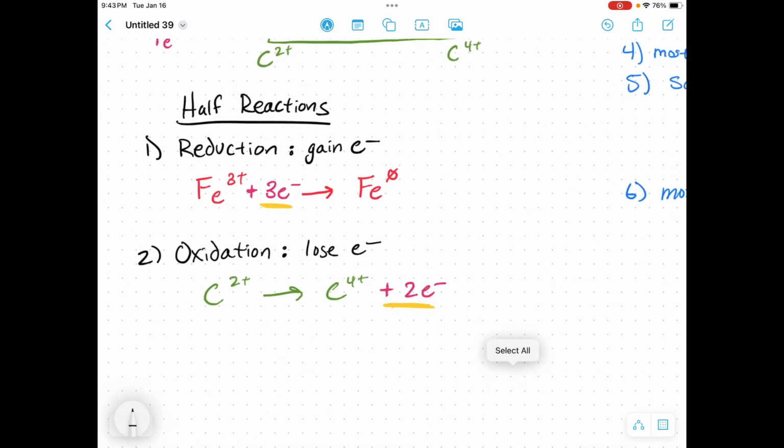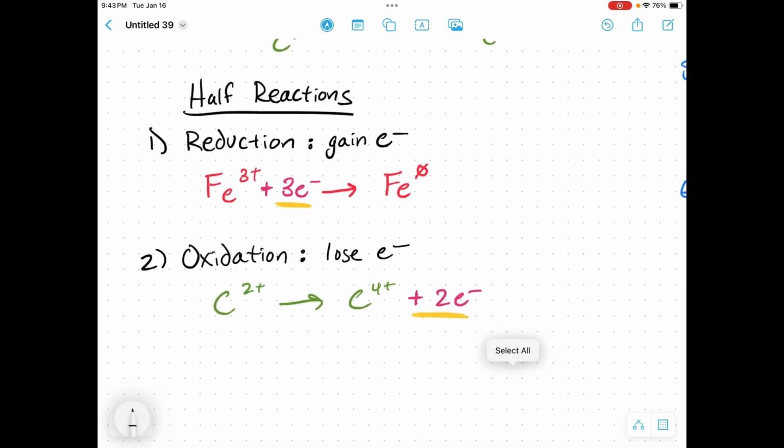Just a little note here that for the oxidation half, this carbon atom, even though it is losing electrons, it's being oxidized. Whatever is being oxidized, we can call that the reducing agent.